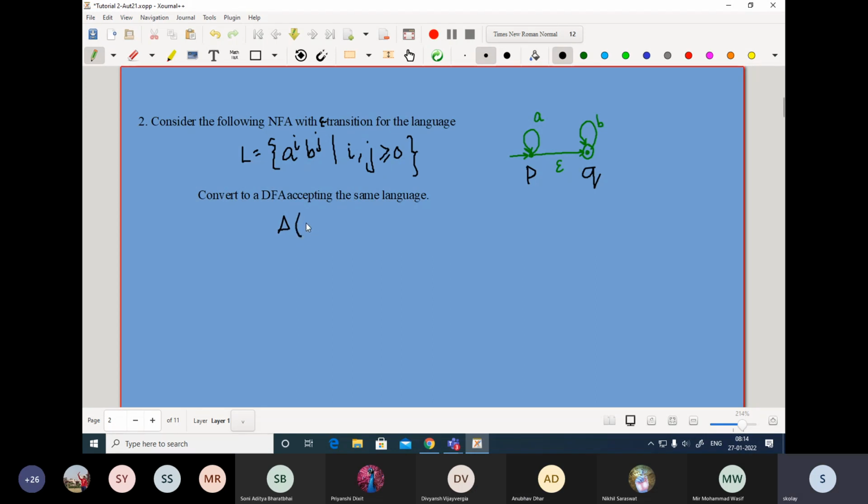Capital delta of p comma epsilon. How will you use this to construct the DFA?